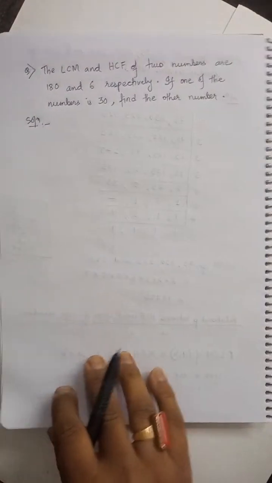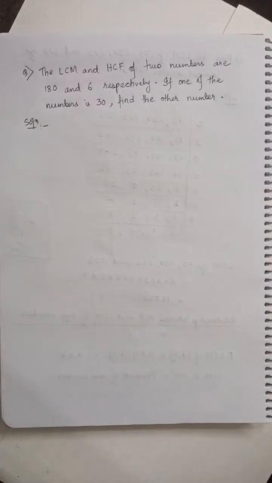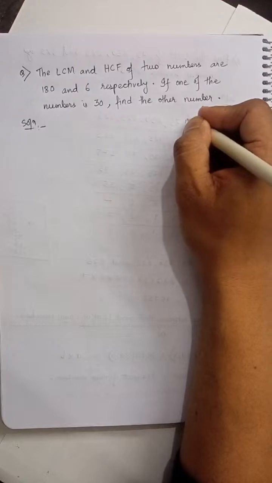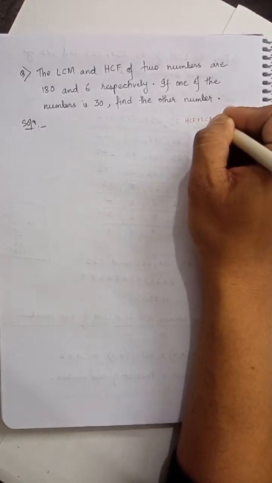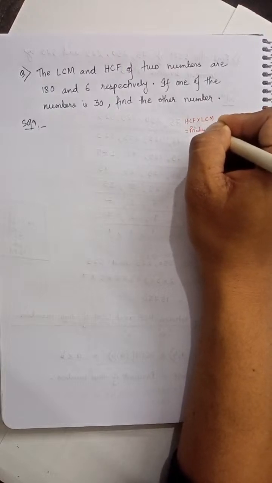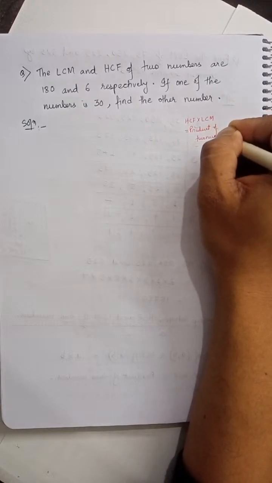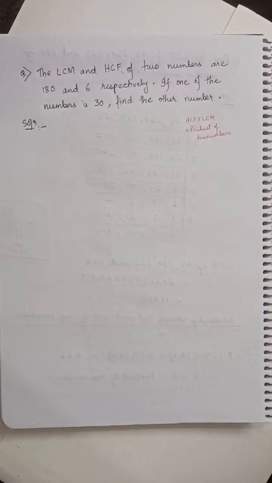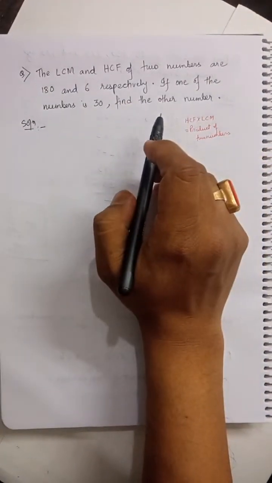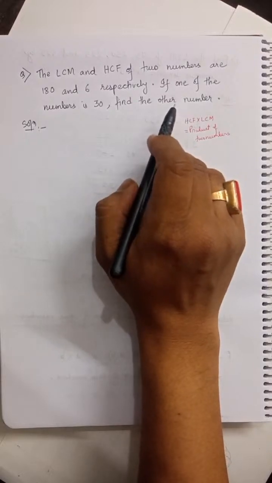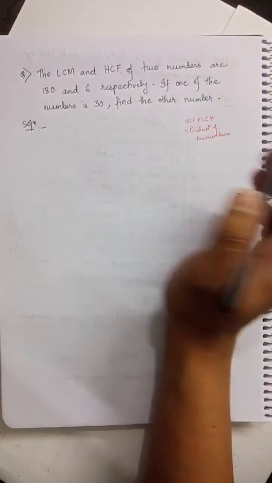Okay, so we are going to use the relationship between HCF and LCM. I will just write the relationship in the rough part. So what was our relationship? HCF into LCM equal to product of two numbers. So we can assume that the required number is, say, any variable x, y, z, a, b, c, d, whatever.